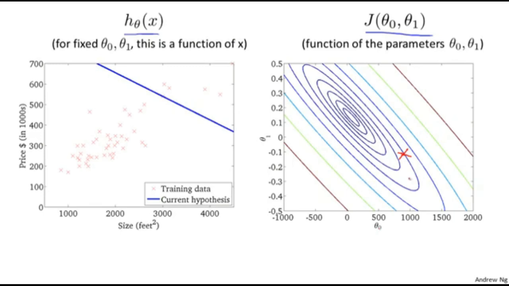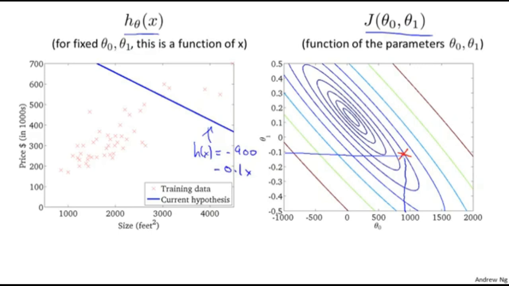But for illustration, in this particular implementation of gradient descent, I've initialized theta 0 at about 900 and theta 1 at about minus 0.1. So this corresponds to h of x equals 900 minus 0.1x, this line. And so we're out here on the cost function.